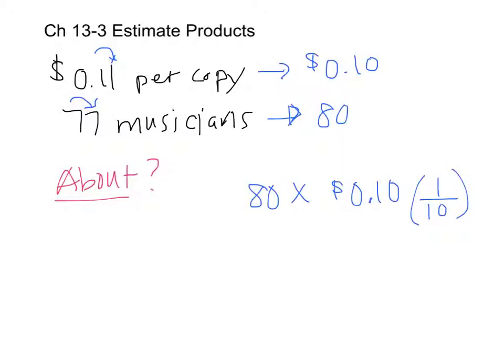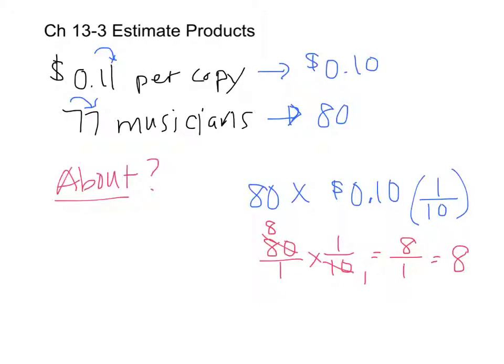So you could actually make this 80 times 1/10. If you prefer to multiply with fractions, you can do that. Or if you prefer to just do it with the decimal, you can do it that way too. But if I did it with fractions, it would be 80 over 1 times 1 over 10. And then I can cross reduce, and that becomes 8 over 1, which is equal to 8.